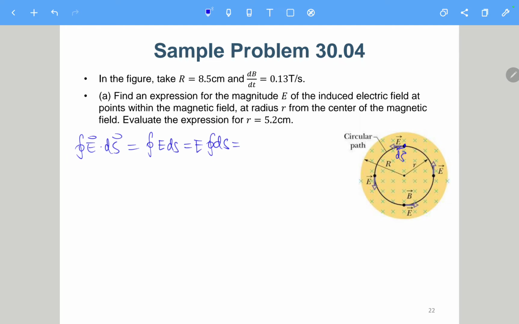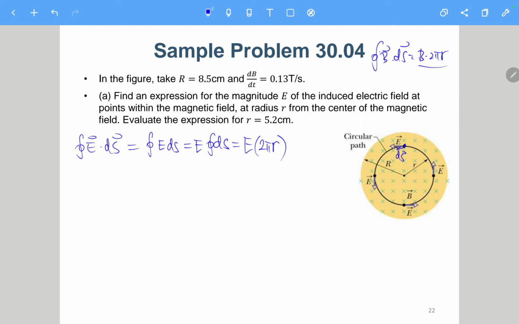The integration of ds is nothing but the circumference of a circle, so E times 2 pi r, which is similar to what we did in chapter 29 when we played with Ampere's law. At that time, we usually had B dot ds equals B times 2 pi r, something like this.